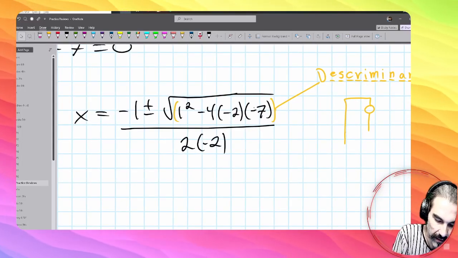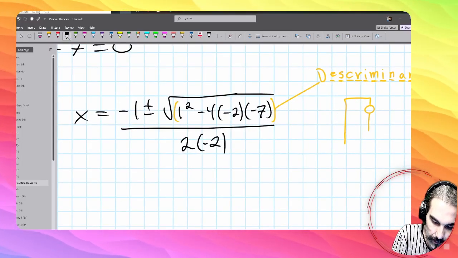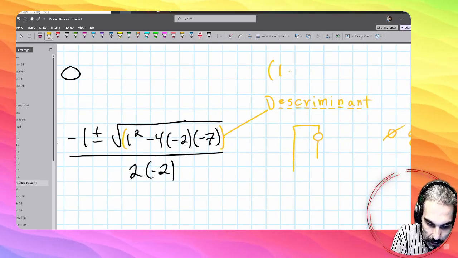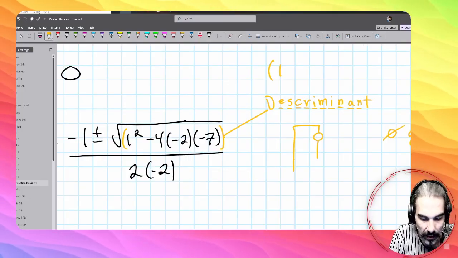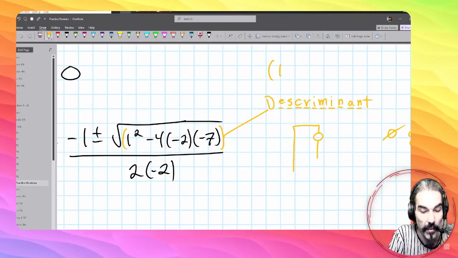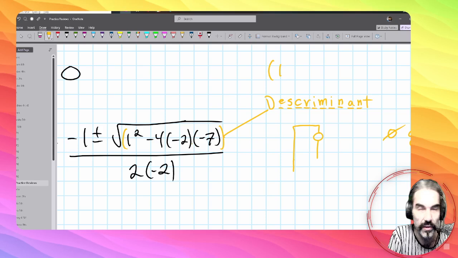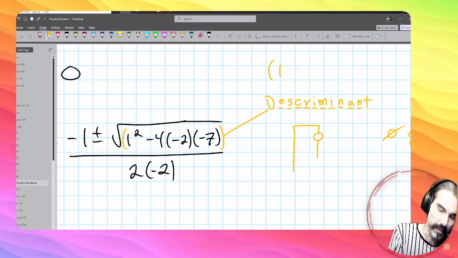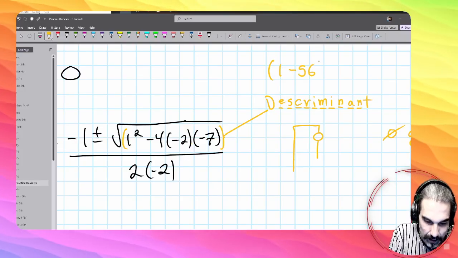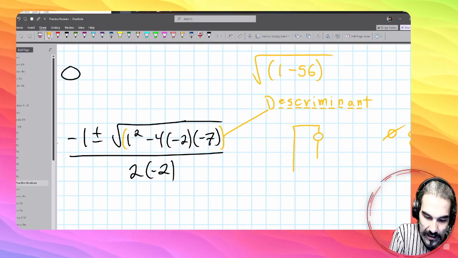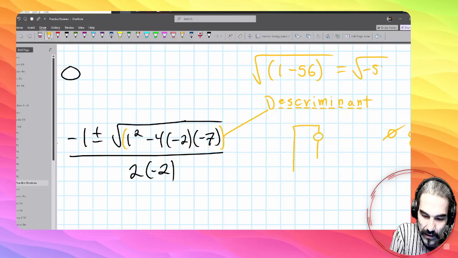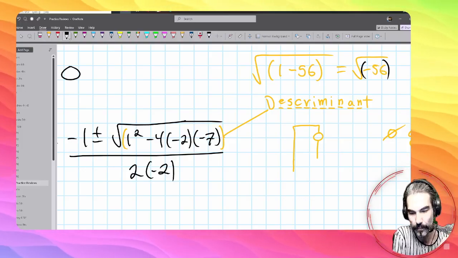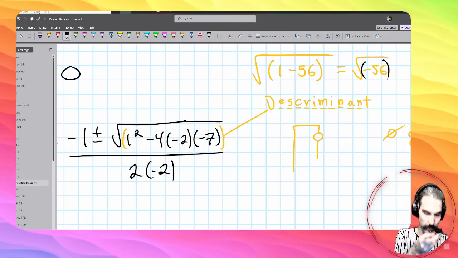As soon as I simplify all of this, I basically have 1, then -4, -4 times -2 is 8, but then the 8 multiplies with the -7, -56. And what happens? The discriminant is the square root of a negative number. And what do we know about that? It would be imaginary.